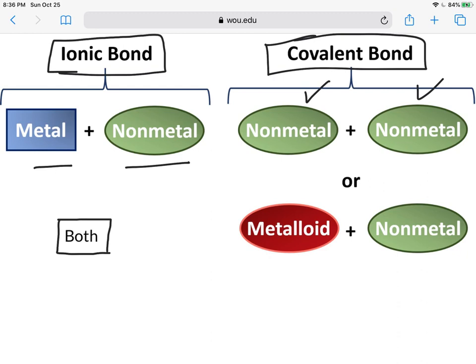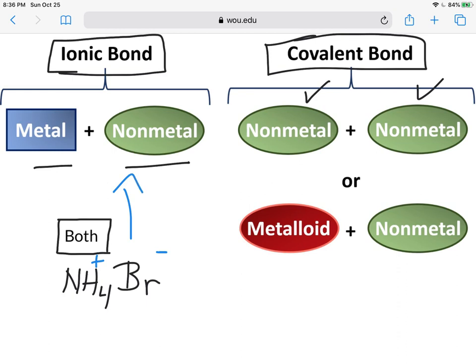Yes, you can. So if I have something like NH4 and bromine, NH4 is actually a plus charged polyatomic ion. Bromine is a negative charged nonmetal. Therefore, that's an ionic bond.